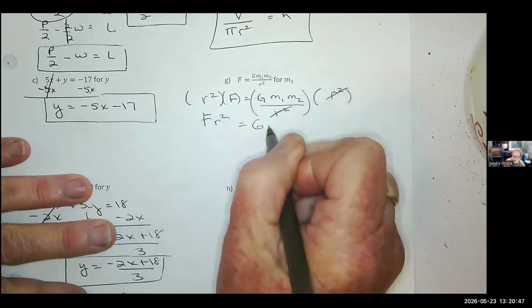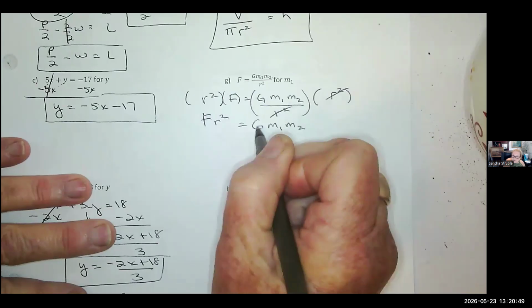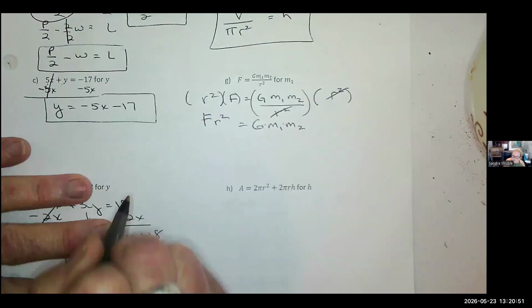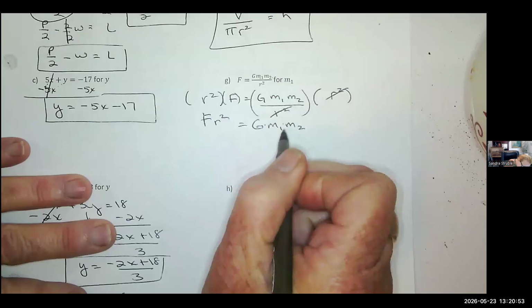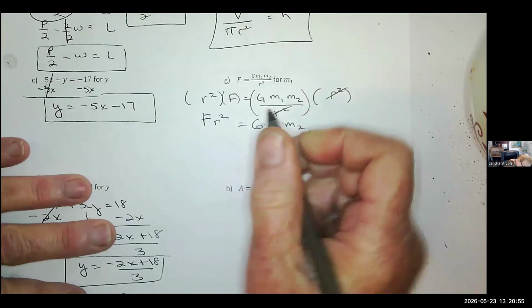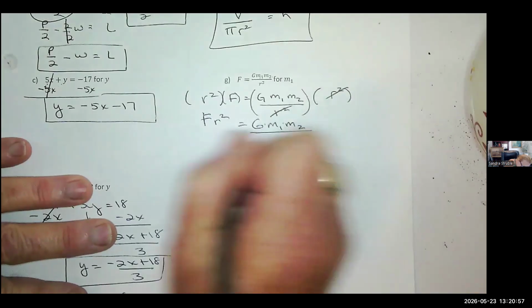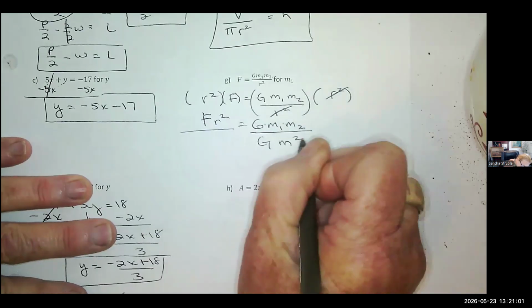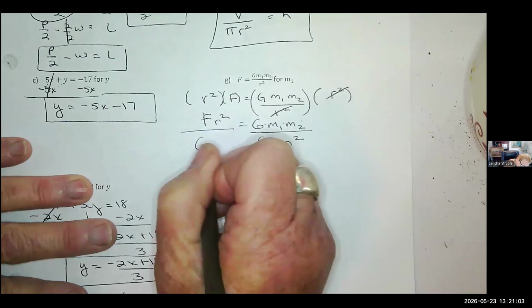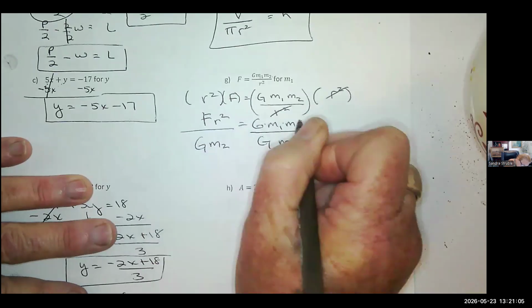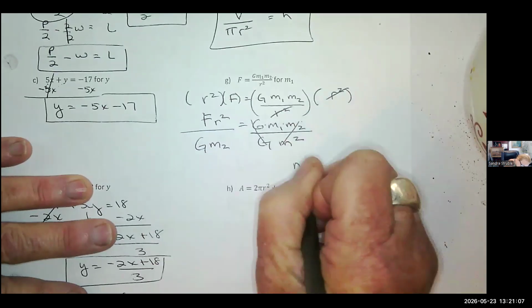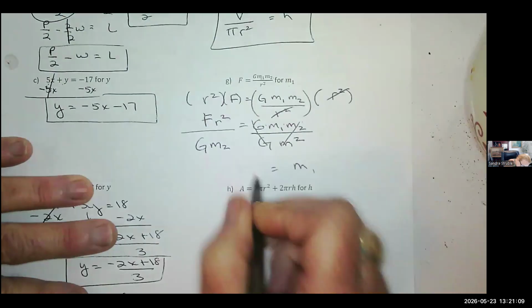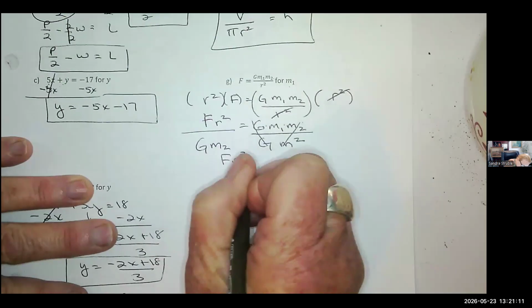Now these are all multiplied, and we want just m1 left on this side. So we're going to divide both sides by G m sub 2. Gone, gone. We're left with m sub 1, which we wanted, is equal to F r squared over G m sub 2.